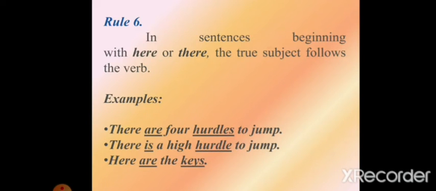So definitely the helping verb will be in the singular form. "Here are the keys." So keys is the true subject that follows here, so definitely you will have the verb in the plural form, are. I hope you understand this, children.